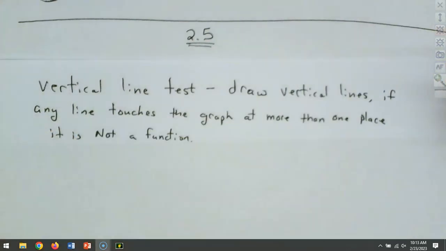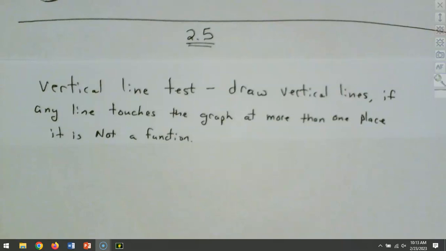So we'll give you a moment to write up this definition. So all we're going to be doing is, it's very easy. We're going to be looking at pictures, all right, and we're going to be drawing vertical lines. And if any vertical line that we draw touches the graph at more than one place, it's not a function.